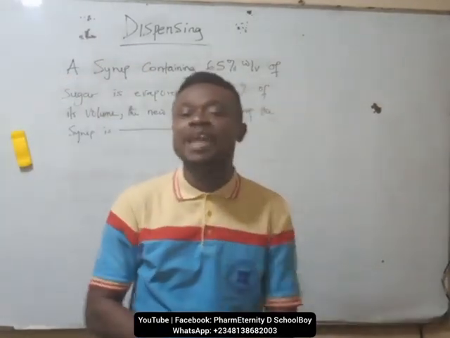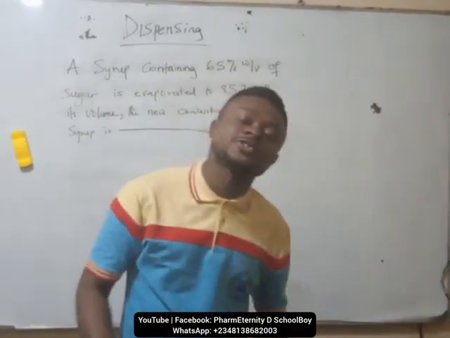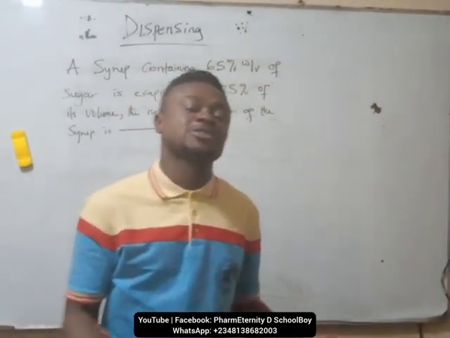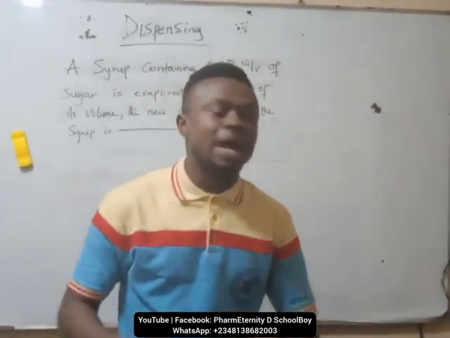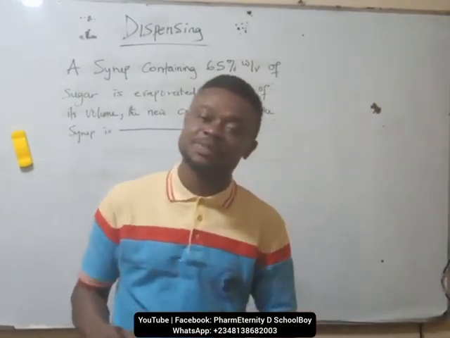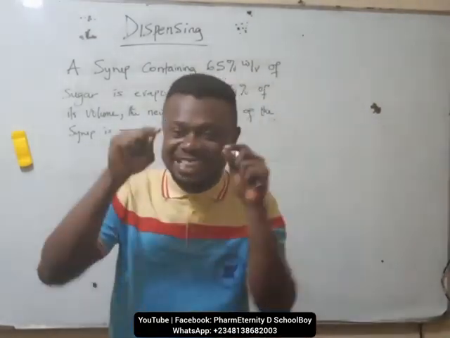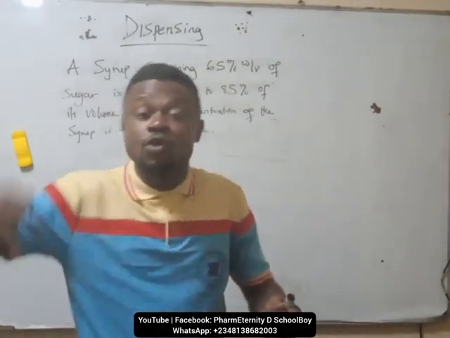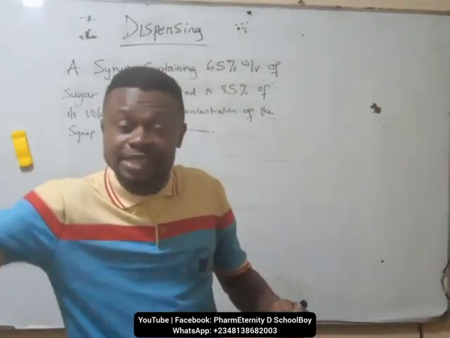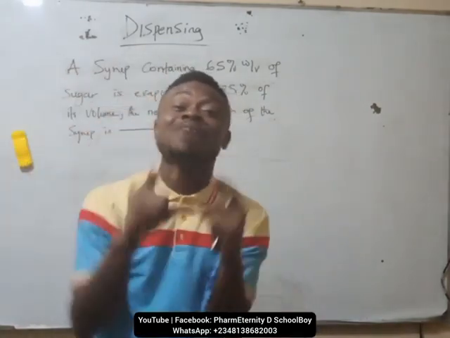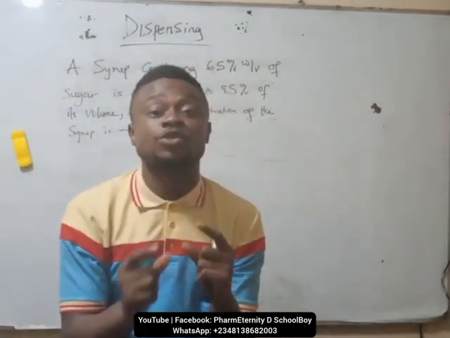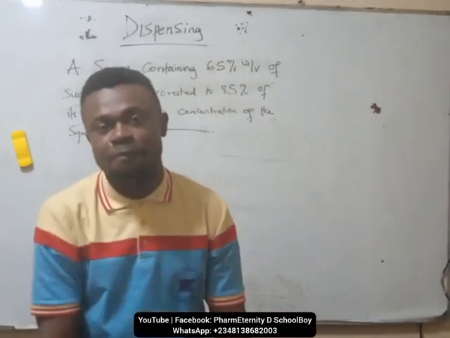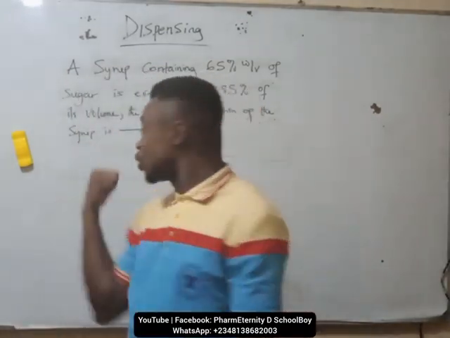If 2 grams of salt is dissolved in a particular amount of solvent, then you heat it or apply any other means to concentrate it, provided you do not add extra salt, the new concentrate will still have the same 2 grams. Now with this at the back of our mind, let's go to this question.